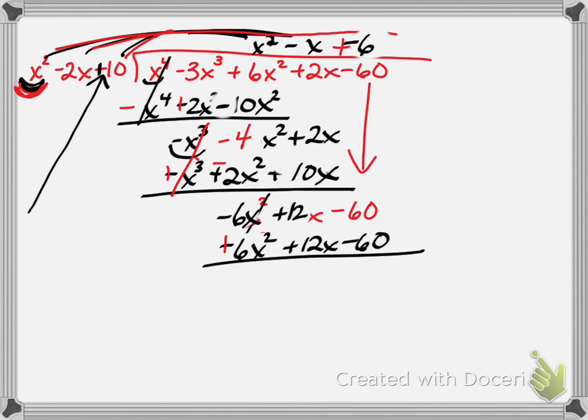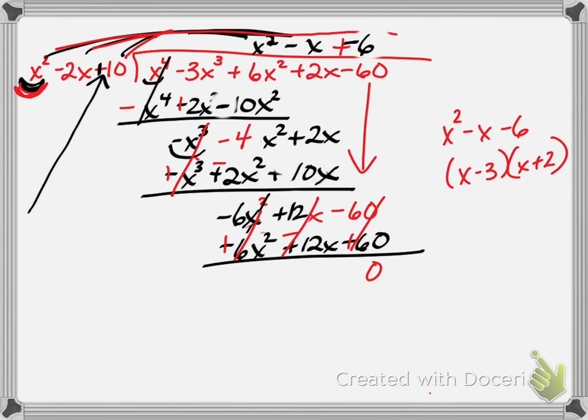Draw the line and change all of those signs, and everybody cancels, which means no remainder, which means it went evenly. So now you know that the answer, the x squared minus x minus 6, is a factor, and that breaks down to x minus 3 times x plus 2.